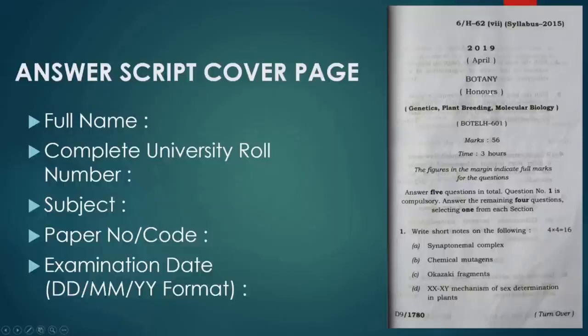And of course, since this is an example, for me, I would have to enter paper number / code BOTELH-601. And of course, the last part, the examination date, you will have to enter in the format date, month, year. So I hope I'm clear with the answer script cover page.